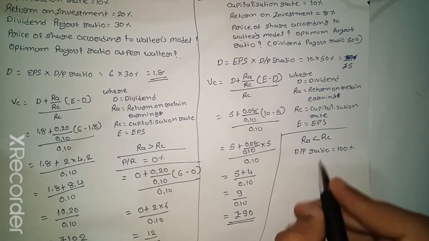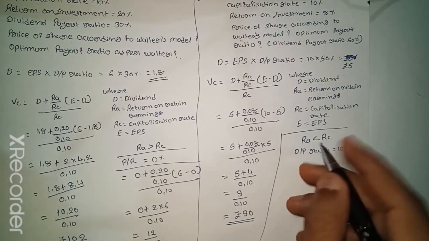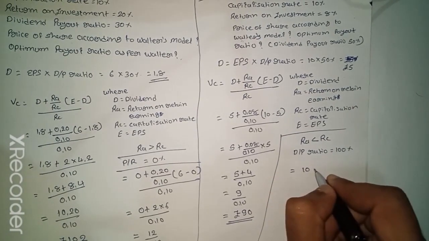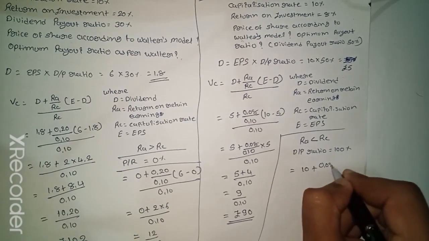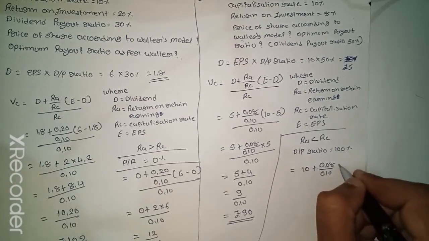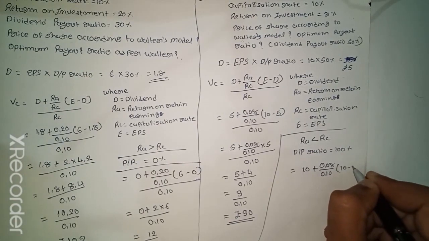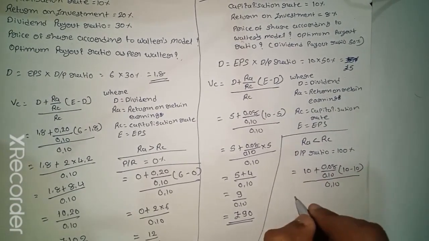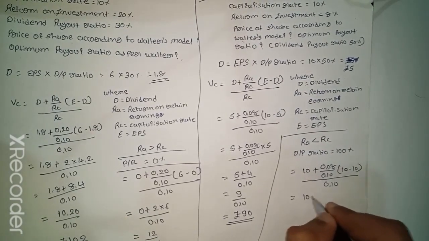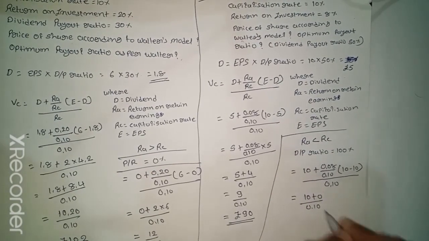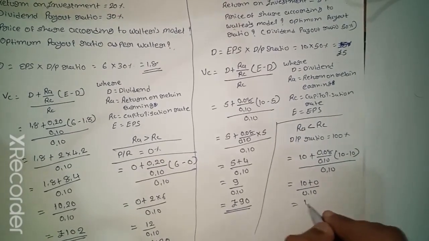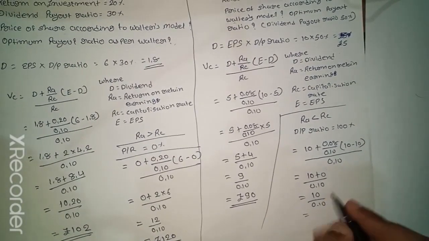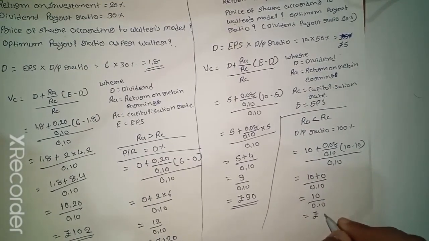So now we calculate price. 10 rupees dividend plus earning 10 rupees whole distributed as a dividend, whole divided by 0.10. So 10 plus 0. So price per share is rupees 100.